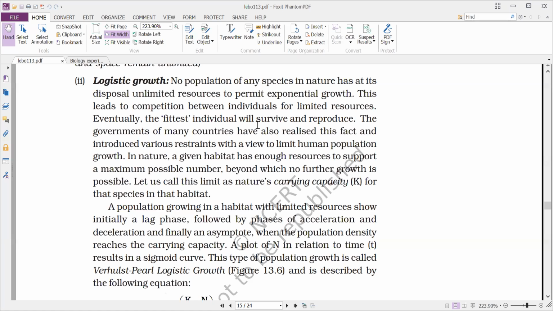As the resources are limited, some competition will develop between the individuals of a species. So eventually the fittest individual will survive and reproduce.